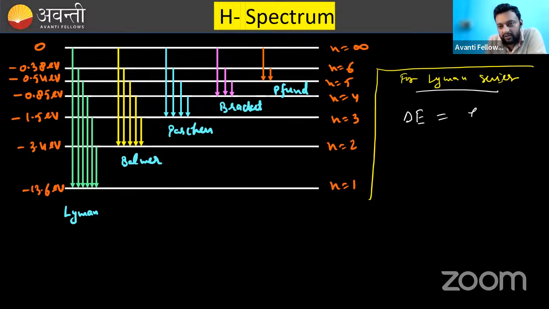And energy of photon is generally hc by lambda, which we have studied in the previous class. So lambda is equals to hc by delta E. Clear? So if delta E is smaller, then lambda will be larger.